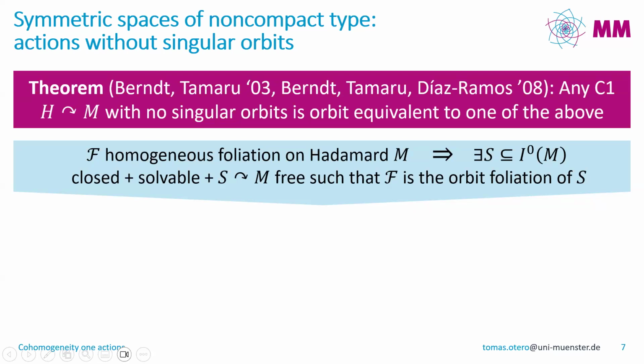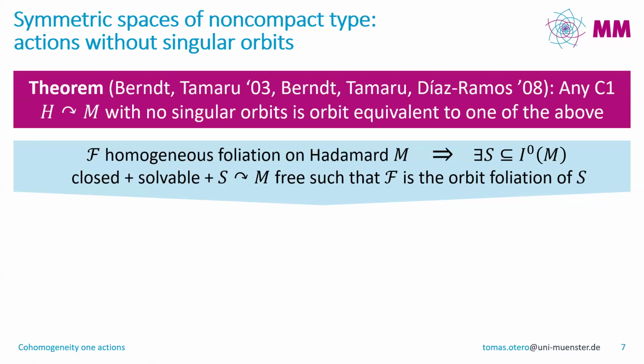You can sort of use the Cartan fixed point theorem and the structure of your group H to find that there is a subgroup S of, well, here I wrote isometry group, but in fact, if you start with an action of a group H, S can actually be taken to be a subgroup of H, which is very nice.